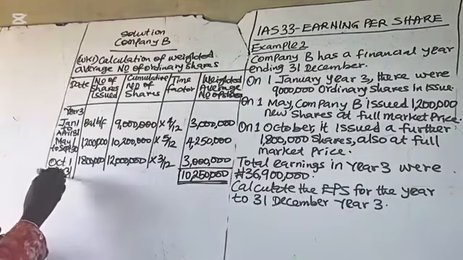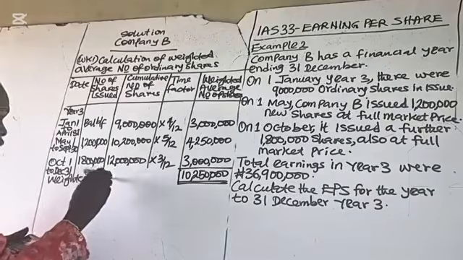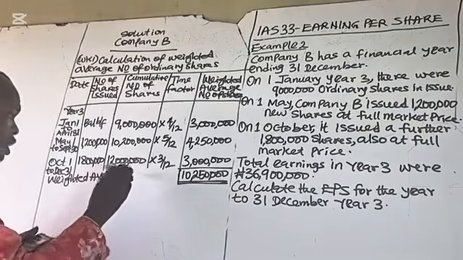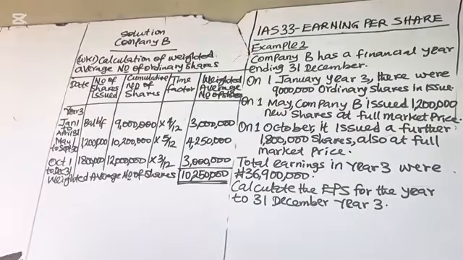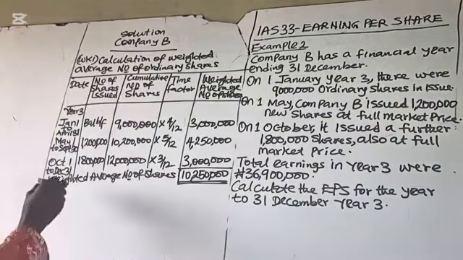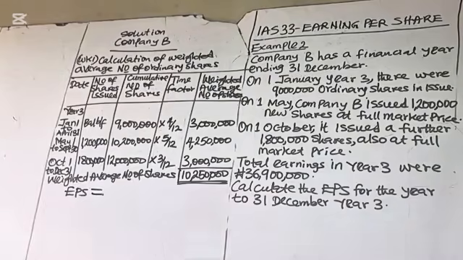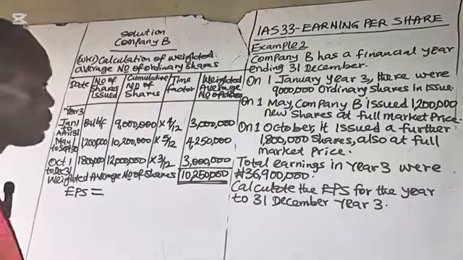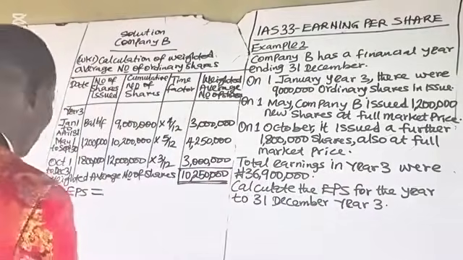Weighted average number of shares in issued is 10,250,000. So to compute the EPS now, earnings per share, that is earnings, which is profit. You were told total earnings in year 3 were 36.9 million.